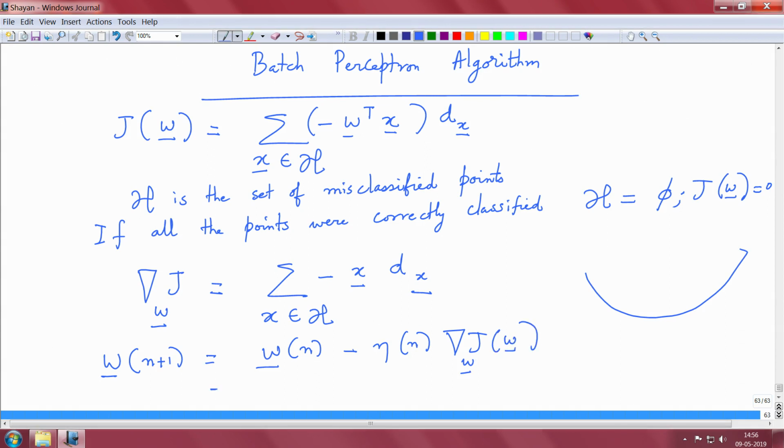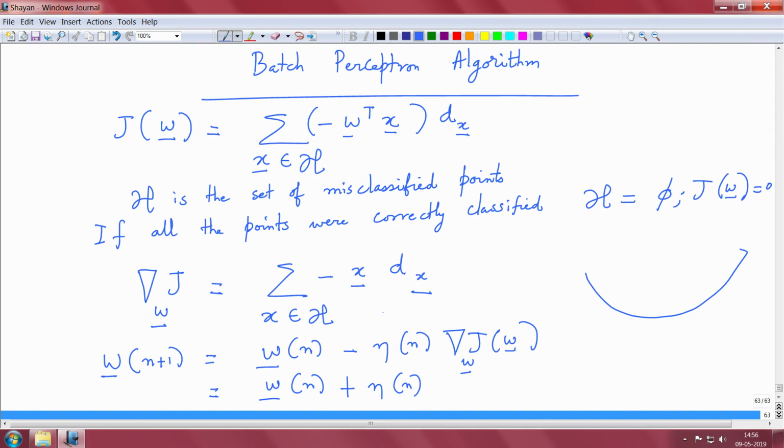So, this lends itself to this update rule, which is weight at time n plus 1 is weight at time n plus eta of n times the gradient.